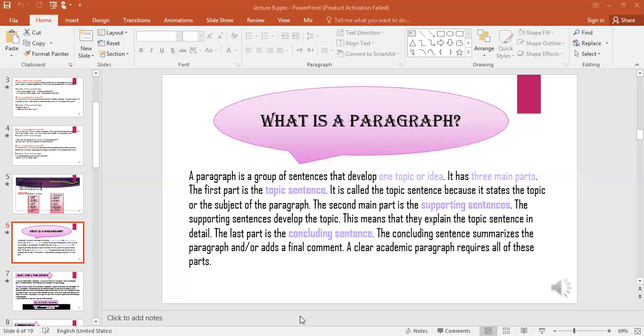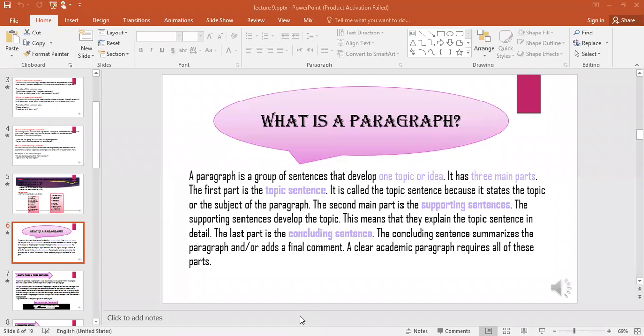Okay, what are supporting sentences? Who can tell me what we mean by a supporting sentence? Yes, Samia? A supporting sentence supports the topic sentence to develop the topic.